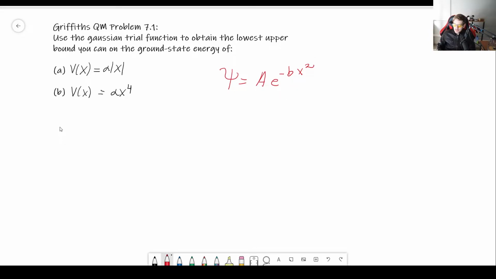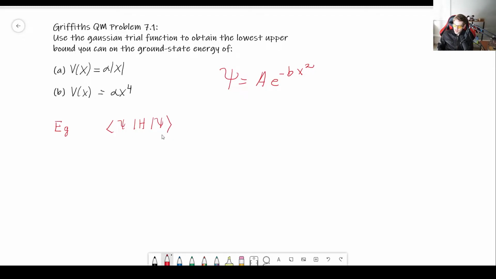All right. Once again, as a quick reminder, just in case you have forgotten or are unsure, what the variational principle tells us is that we can always find an estimate. If we can't solve the Schrödinger equation for a particular potential, we can take some trial function like this psi, and find the expectation value of our Hamiltonian in these states.